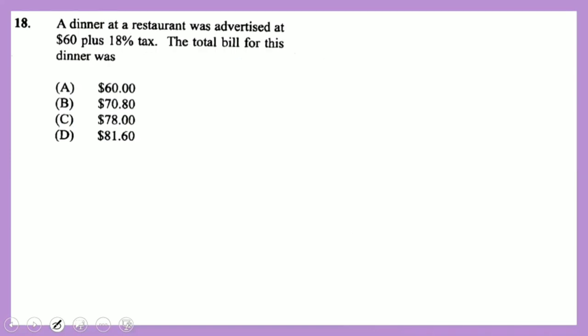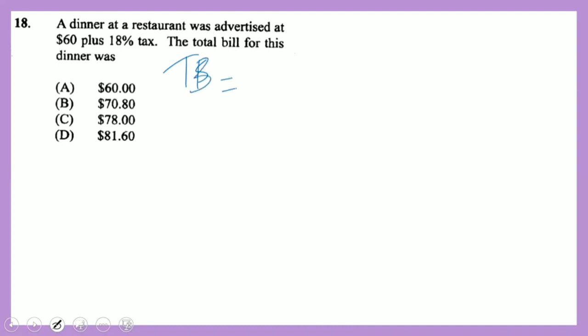Number 18, a dinner at a restaurant was advertised at $60 plus 18% tax. What was the total bill for this dinner? All right, so total. Let me just write TB here.